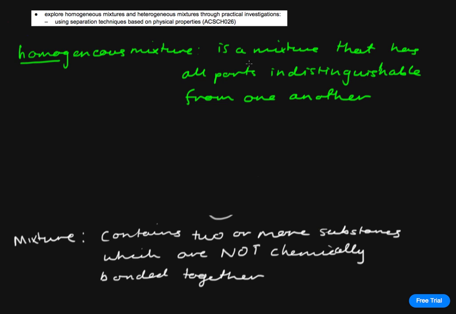Okay, so a homogeneous mixture is a mixture that has all parts that are indistinguishable from one another, which means, for example, water, like your drinking water. You might have a nice cup of water, or a nice beaker of water in my case. We'll really go the extra mile with my artistic skills, even blue.